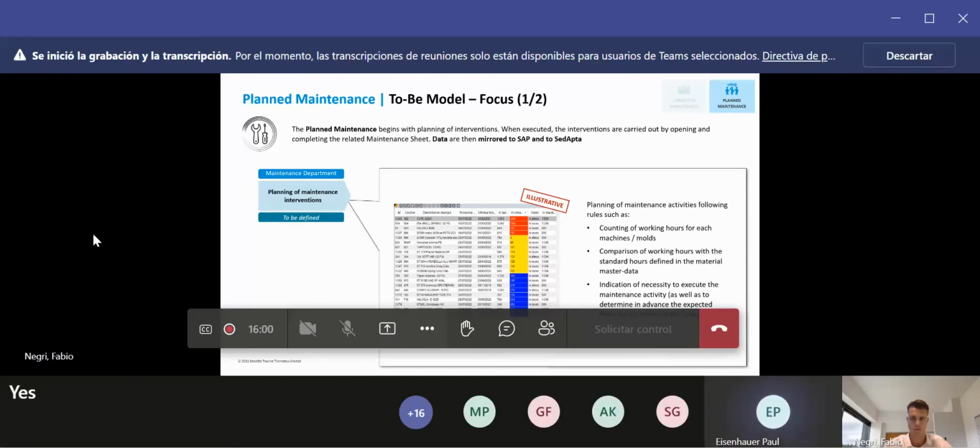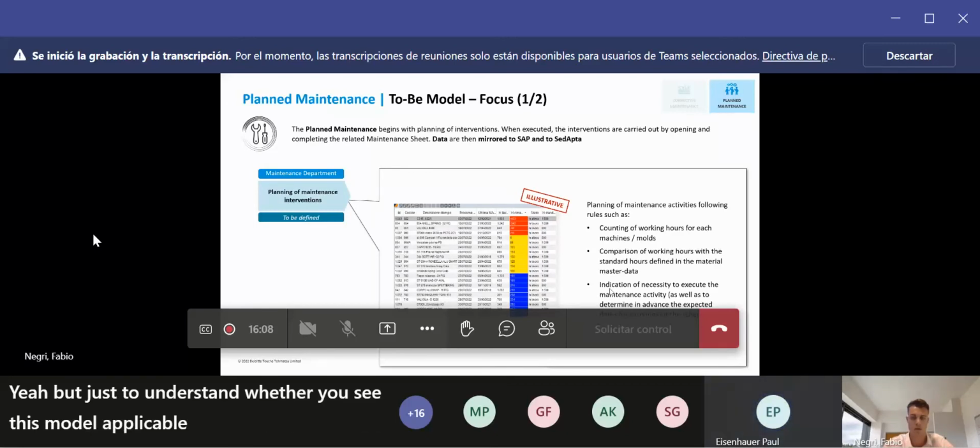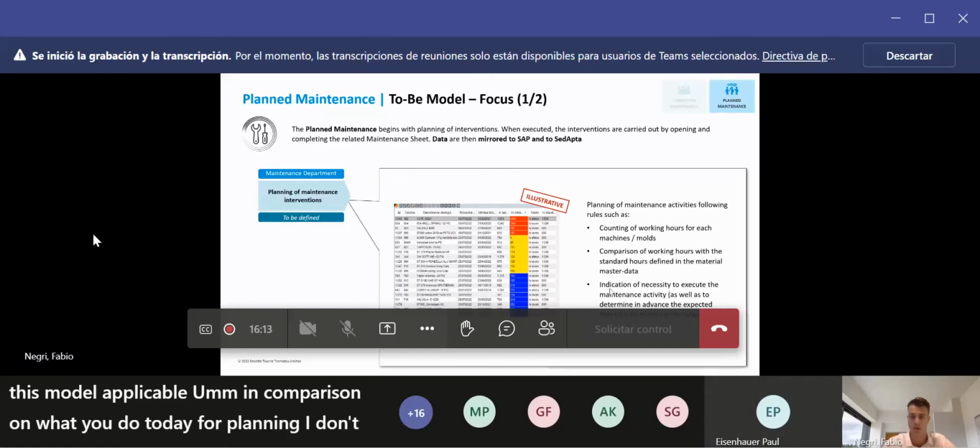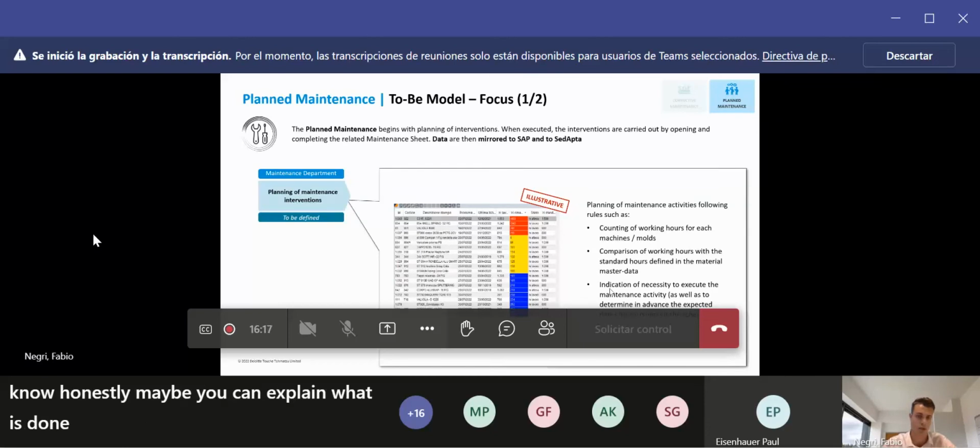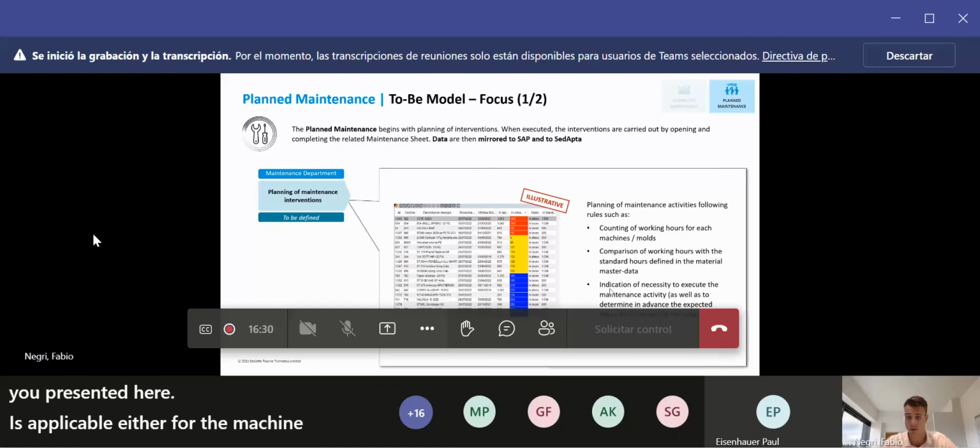Yeah, Paul, just to understand whether you see this model applicable in comparison with what you do today for planning. Maybe you can explain what is done today for the planned maintenance, and whether this model you presented here is applicable either for the machine and also for the mold.